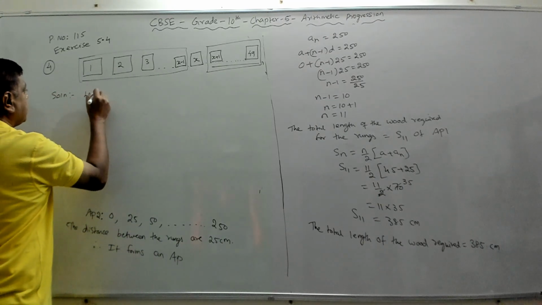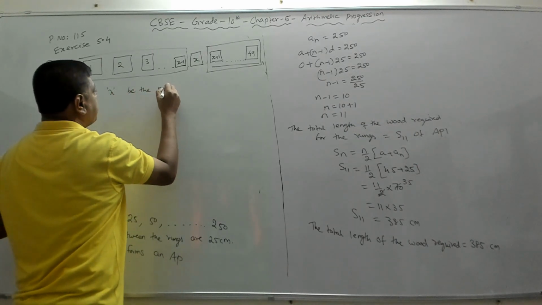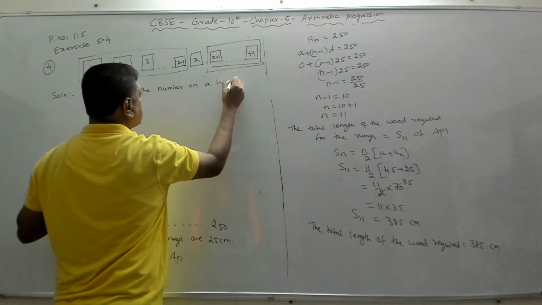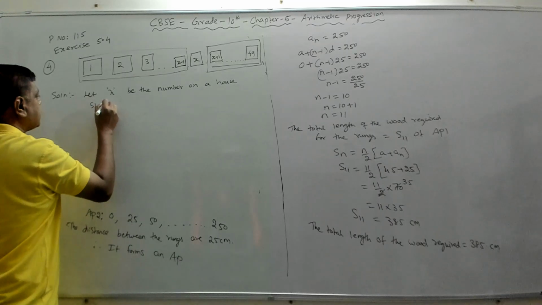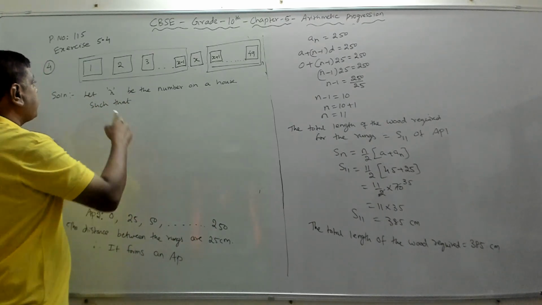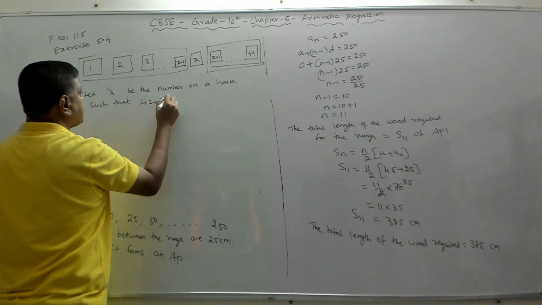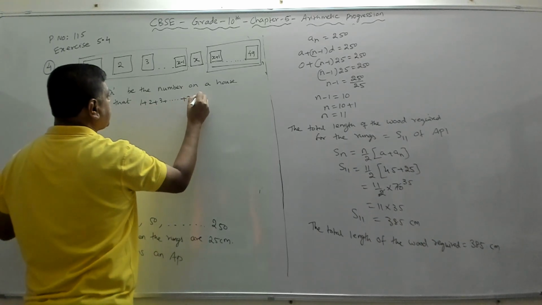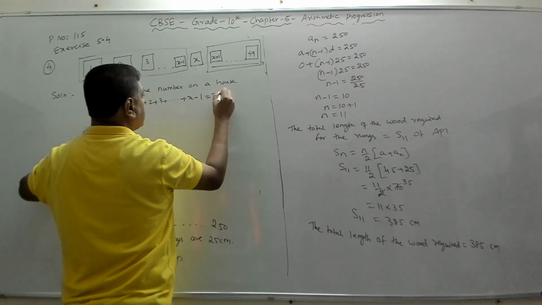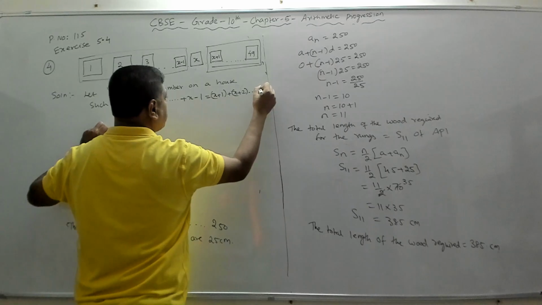we'll say let x be the number on a house such that if you add these numbers, 1 plus 2 plus 3 plus dot dot dot plus x minus 1, that is equal to x plus 1 plus x plus 2 plus dot dot dot plus 49.